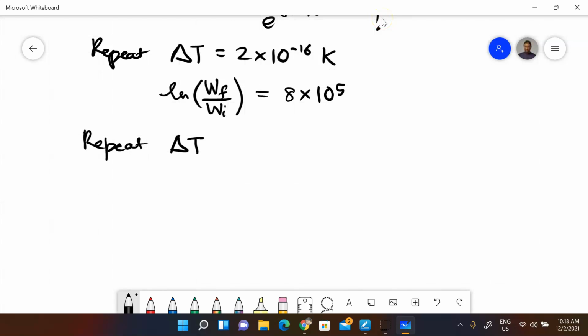Delta T equals, say, 2 times 10 to the... oops, this is not minus 16, sorry. Let me erase that.